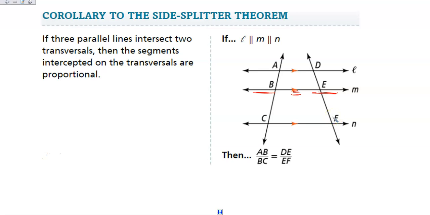All right, so that's the big key here, because eventually these will intersect to form triangles. But it works even if they won't, and these lines are parallel, because they would be the same length. All right, so side splitter works in triangles and in just straight parallel lines.